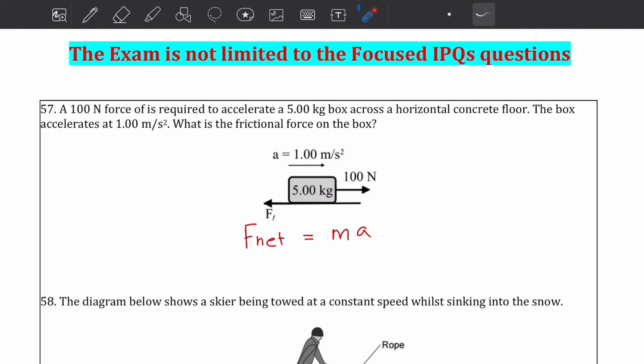So we have to subtract the forces to get F net, and we'll write it like this: 100 minus force of friction, because the object is moving to the right, equals 5 multiplied by 1. If we calculate this, we get the answer as 95 Newton.